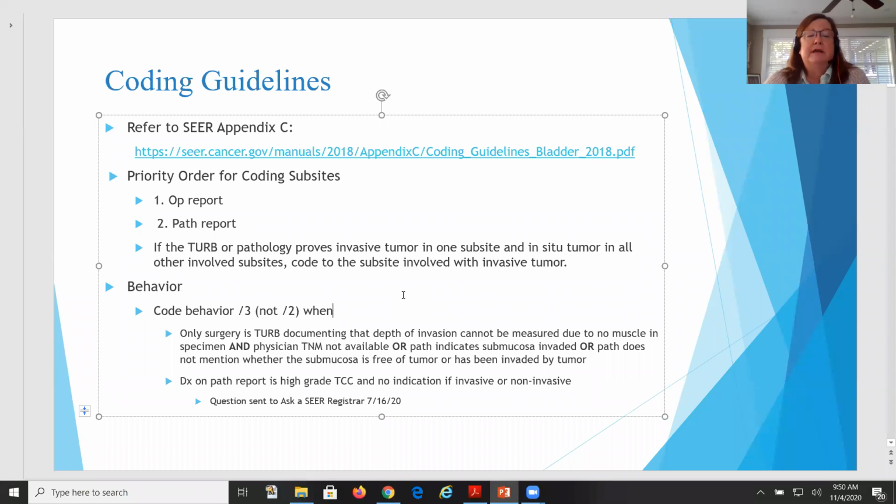So our editor that noticed this discrepancy pointed this out to us. We sent a question to SEER about that, and they consulted with their urinary pathologist, their subject matter expert. The response we got back was, if the diagnosis on the report is high-grade urothelial and there is no indication if invasive or non-invasive, then code the behavior 3.